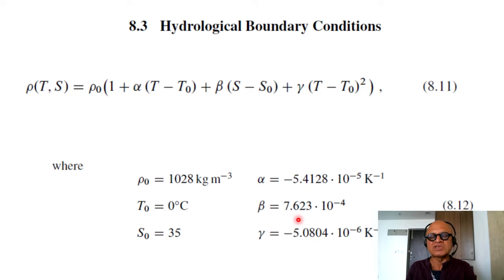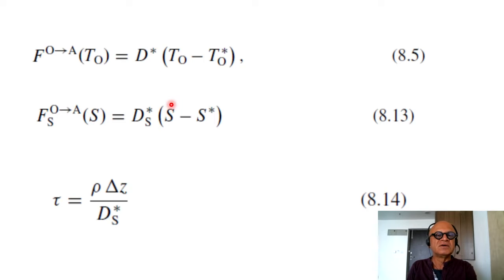Beta is 7.623 times 10 to the minus 4. That's how salinity affects the density. And gamma here, the quadratic term, is minus 5.0804 times 10 to the minus 6 per Kelvin squared. So typically, if you are looking at either the differences with temperature perturbations or with temperature change from one place to another and so on, you can see how density changes can be estimated.